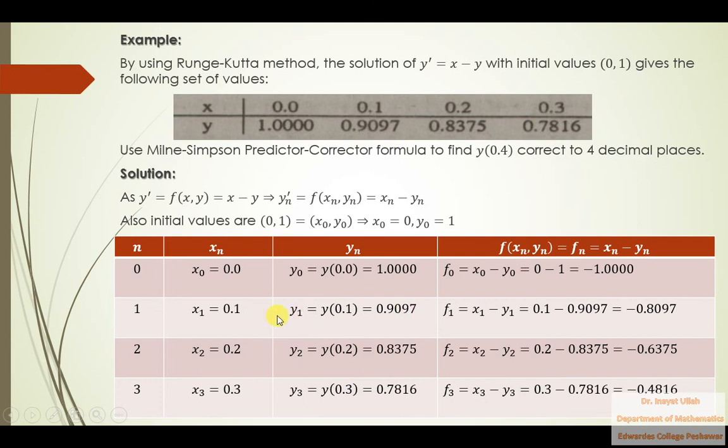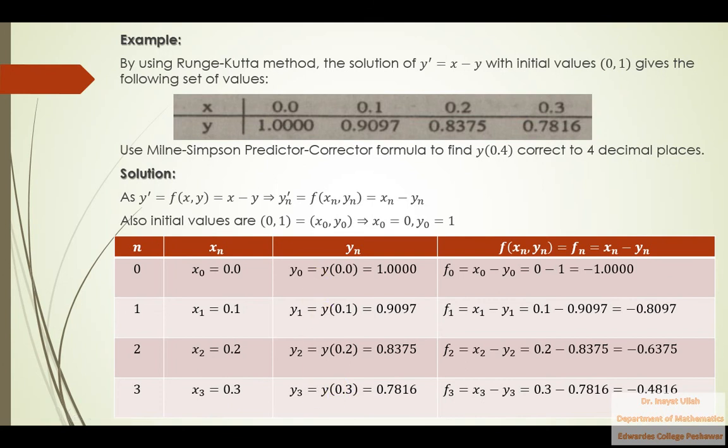This y1 is actually y of 0.1. Similarly, this is y2, which is actually y of 0.2. Similarly, the last value is y3, which is 0.7816, and y3 is actually y of 0.3. These are the values of y.